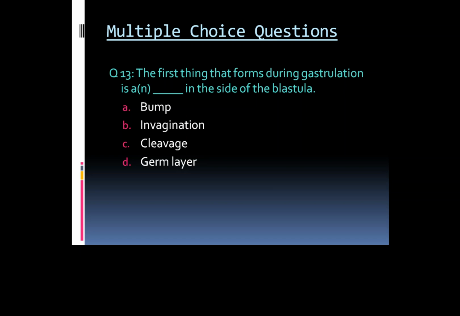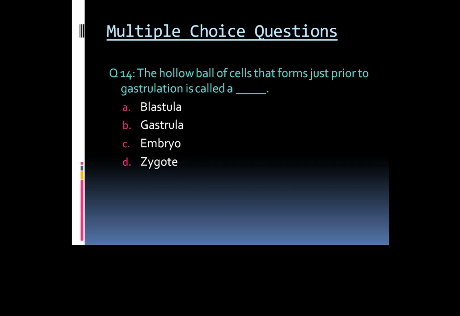Or option D, germ layer. Question 14. The hollow ball of cells that forms just prior to gastrulation is called a option A, blastula, option B, gastrula, option C, embryo, or option D, zygote.